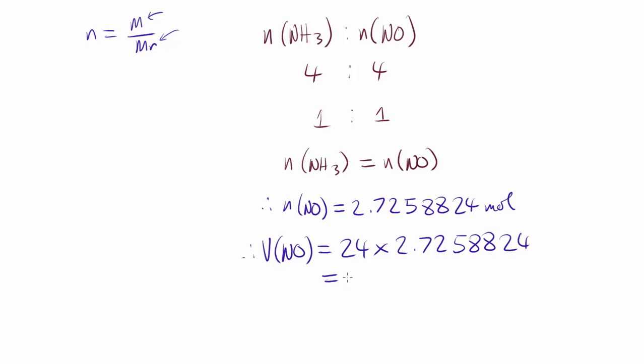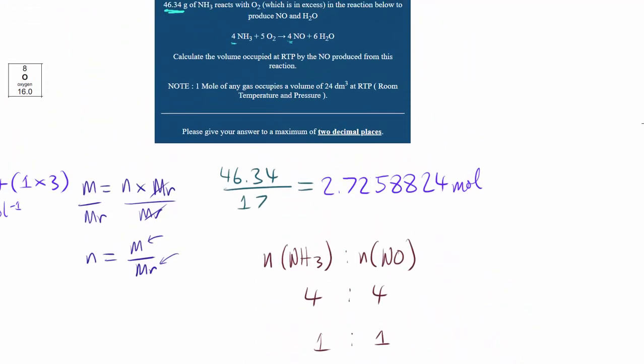If you work that out, that gives 65.4211776, and that's in decimeters cubed. In this case, we have been specifically asked that our answer needs to be given to a maximum of 2 decimal places.